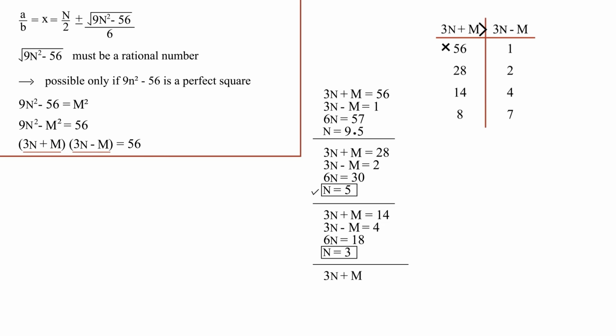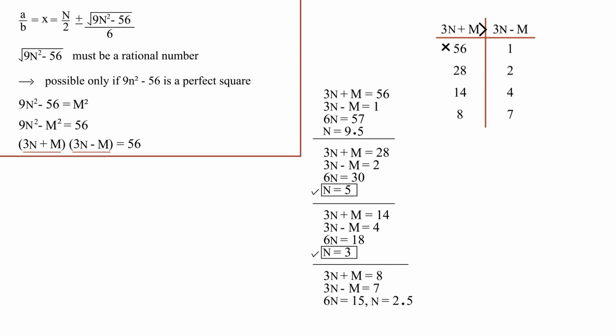And then the last one, 3n plus m is equal to 8, 3n minus m is equal to 7. And this gives me 6n is equal to 15, and that would mean n is equal to 2.5, and that's not an integer. So 5 and 3 are my only values of n.